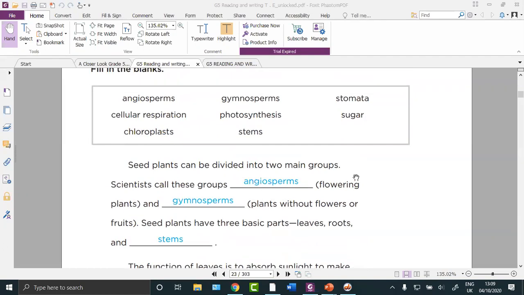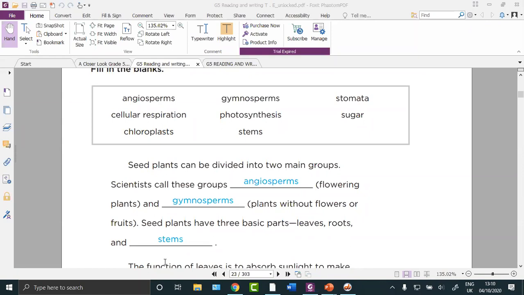The function of leaves is to absorb sunlight to make sugar, a process called photosynthesis.